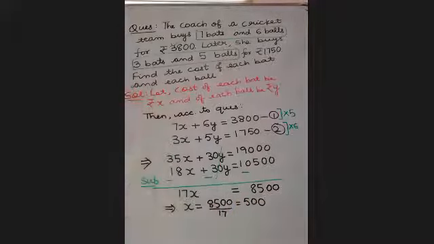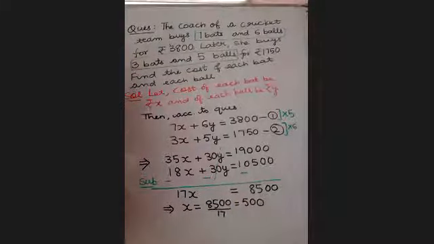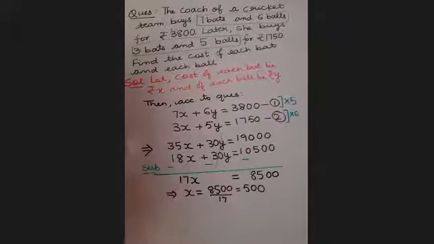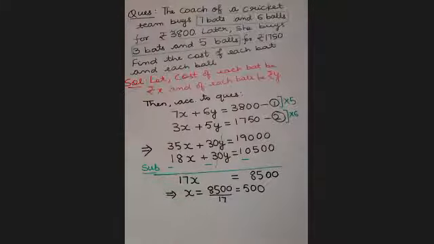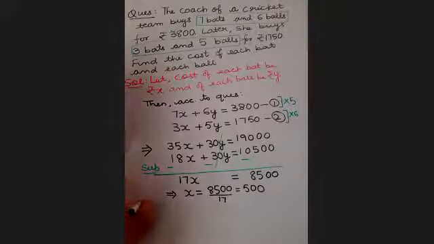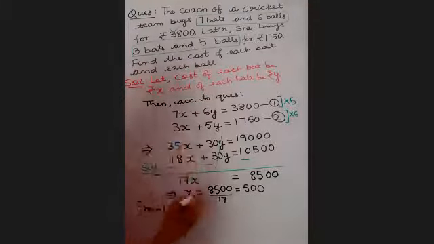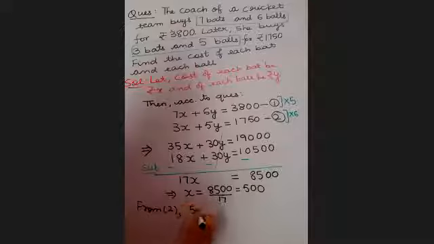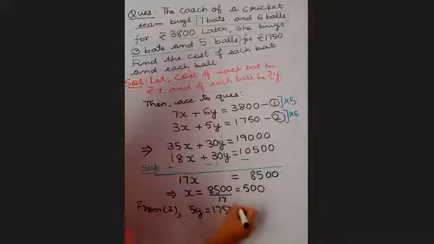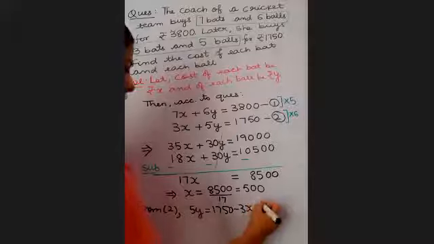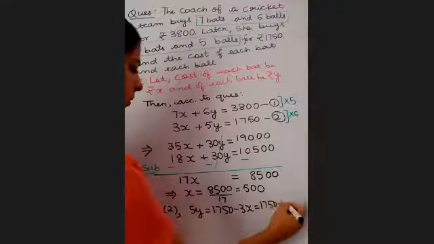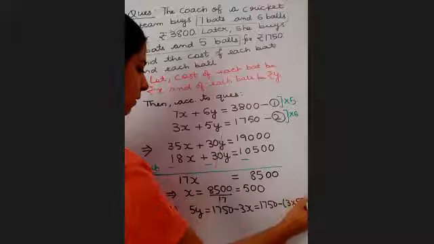After calculating the value of x, we now need to calculate the value of y. You can put it in 1 or 2, anywhere you feel like. Equation 2. So from 2, 5y is equal to 1750 minus 3x, so 1750 minus 3 into 500.